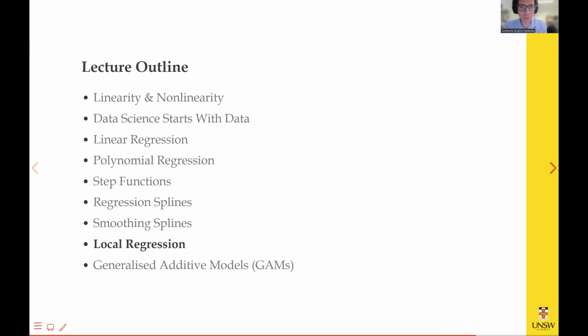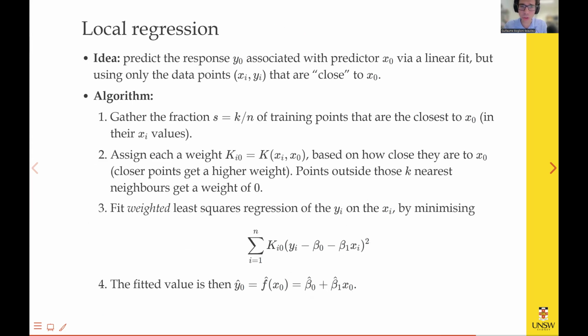Okay, now the next topic is local regression. Local regression has the same objective. We want to fit some y via some predictor, but via possibly a nonlinear function. So frankly, the objective is similar to smoothing splines, but it's a different approach. Now, what's the idea? Predict the response, here we're going to call it y0, meaning a new data point associated with predictor x0.